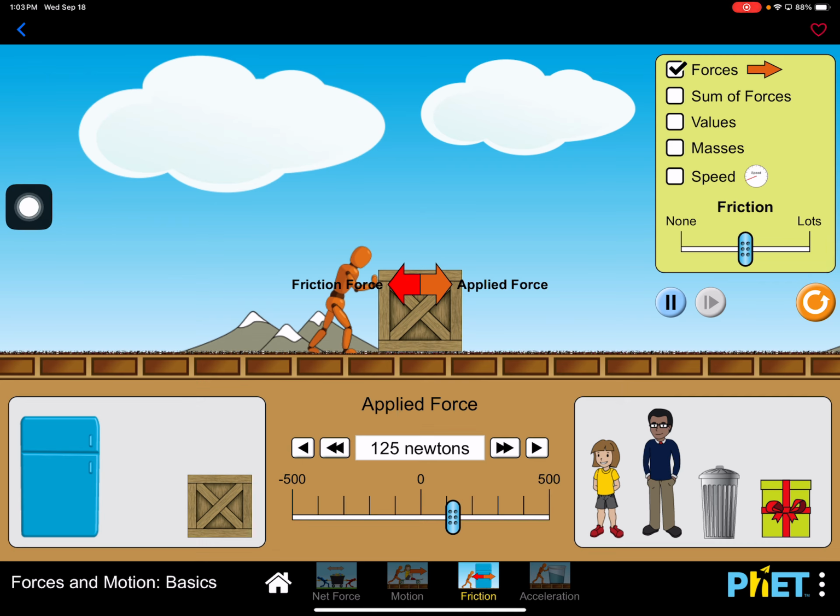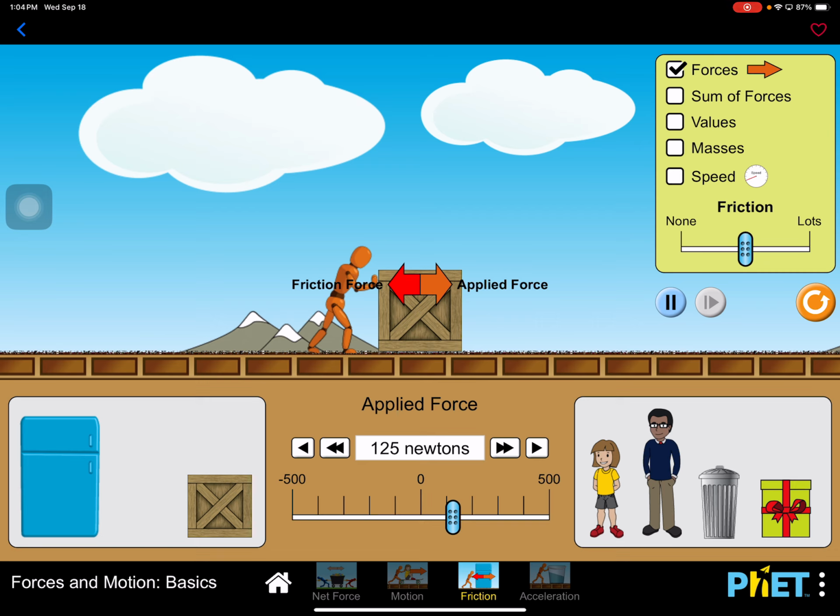If I increase friction a little, you see it didn't move. So I've increased the mu, and there's the maximum static friction force.